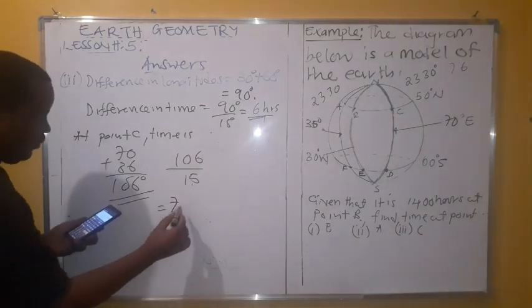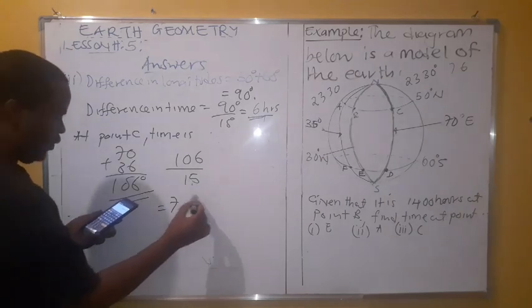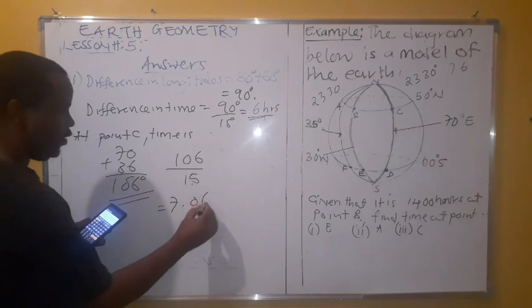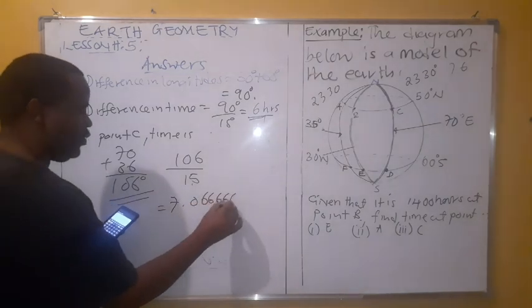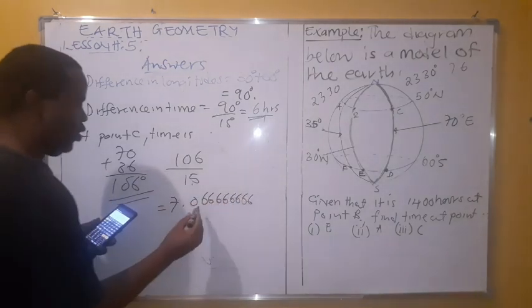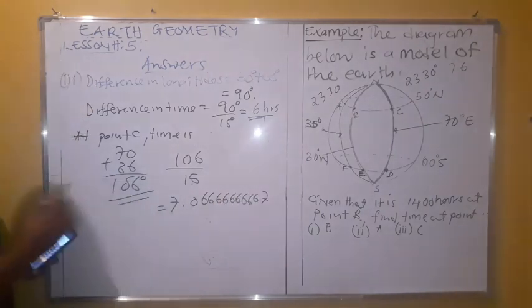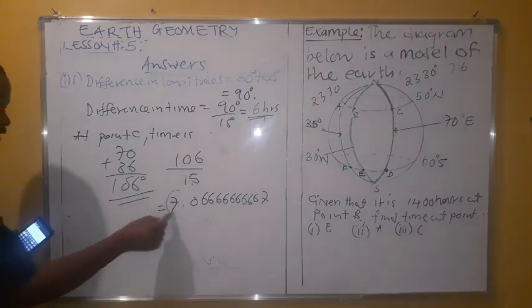So we have got 7.0 and then the digits 2468. So what that means is that this is 7.